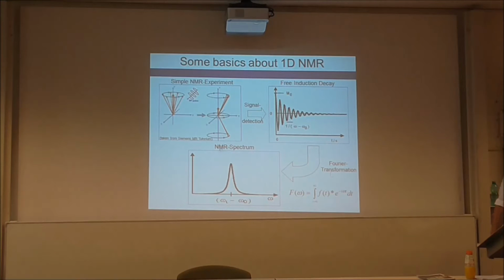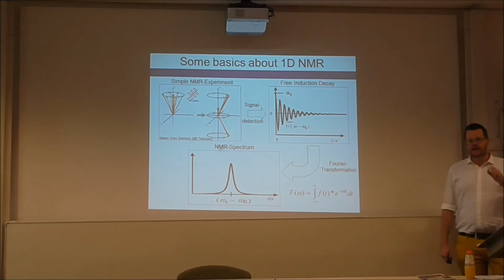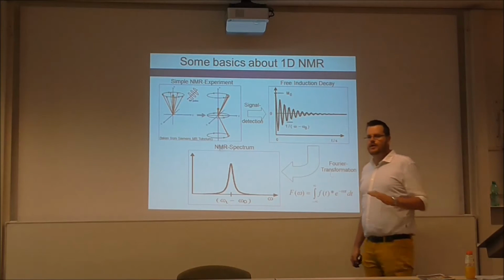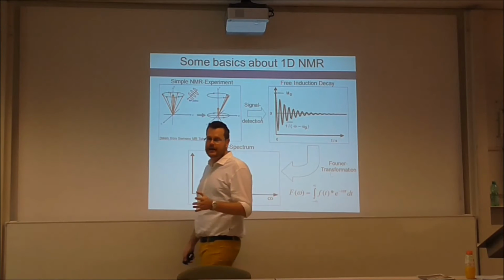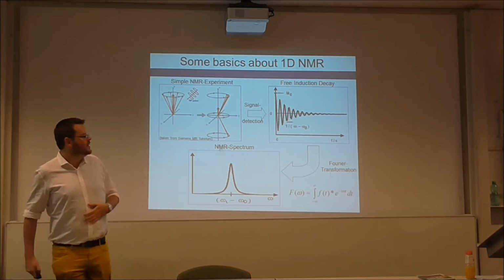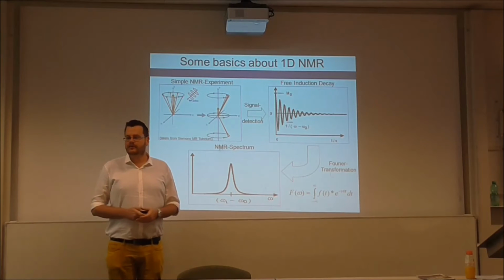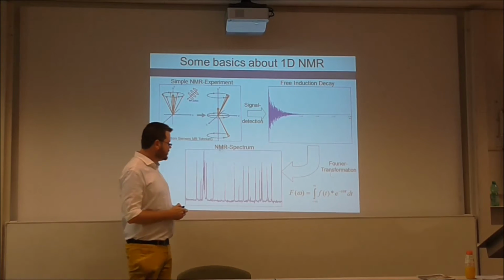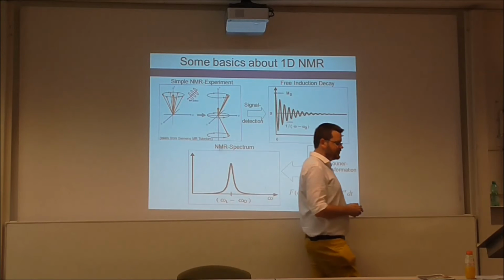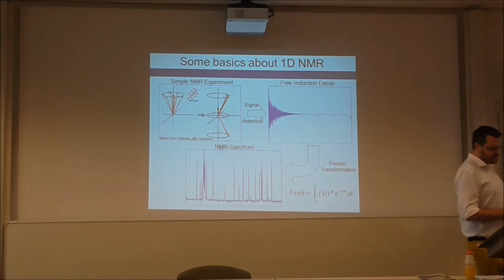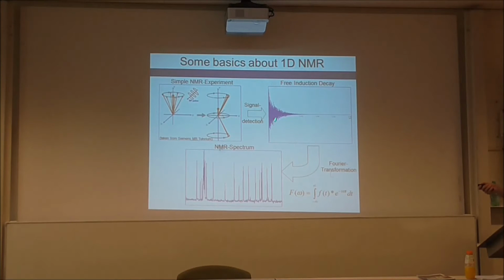Now, traditionally, instead of working with frequencies on the x-axis, we work with parts per million. That's just a matter of convenience, because having to use frequencies would not be very convenient. This is sort of the mathematical description. This is what you would ideally see in real life.